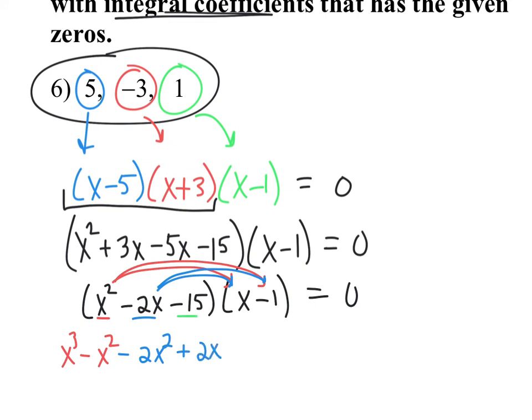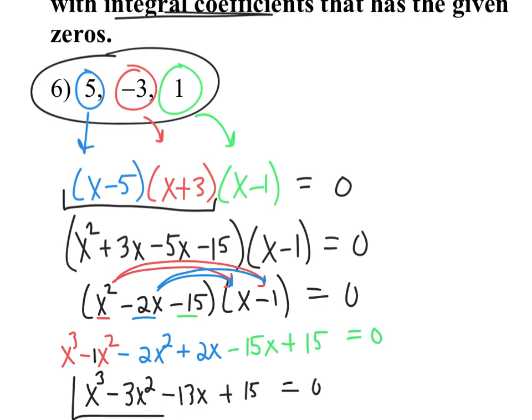And then I will distribute the minus 15: minus 15x, and plus 15. And as soon as we clean up the like terms, we will be done. So x cubed, the minus 1x squared minus 2 more is minus 3x squared. The plus 2x minus 15x would be minus 13x. And then we have a plus 15 equals 0.